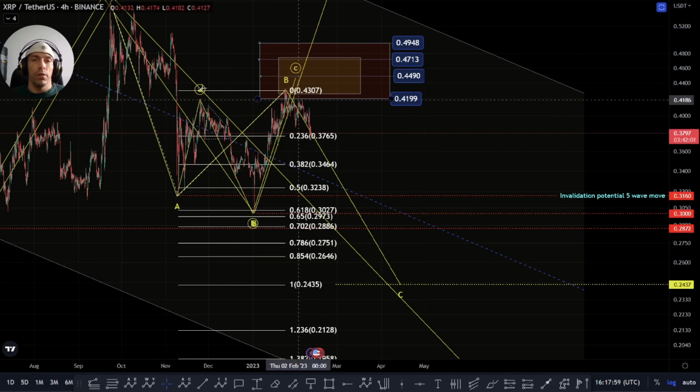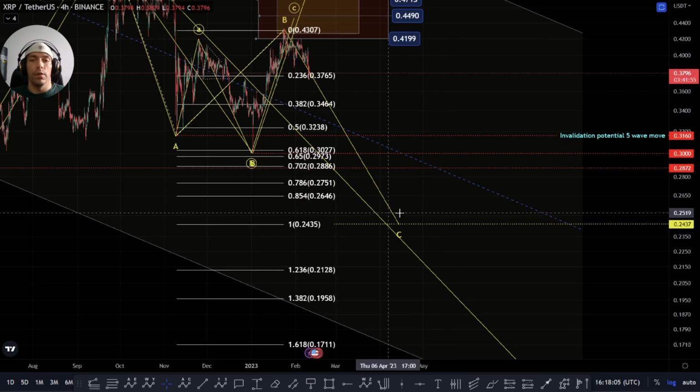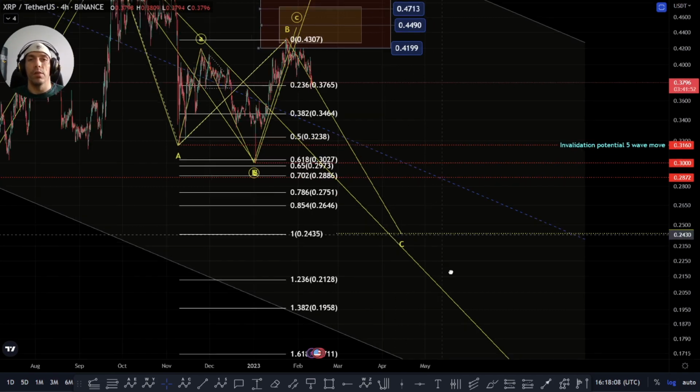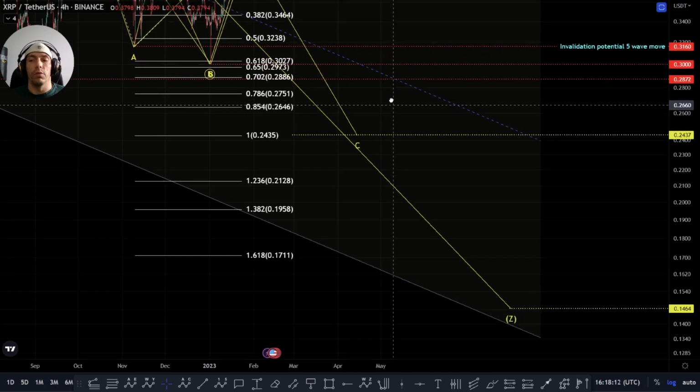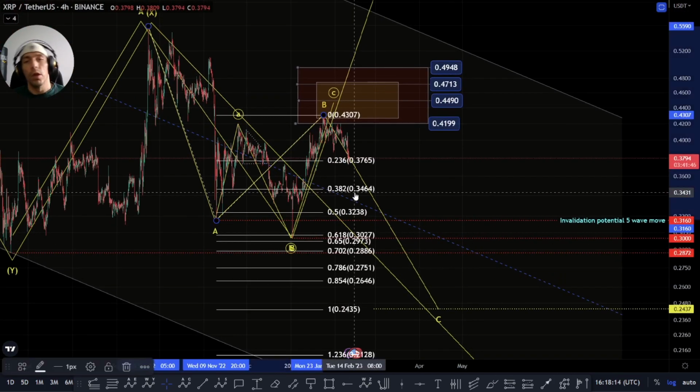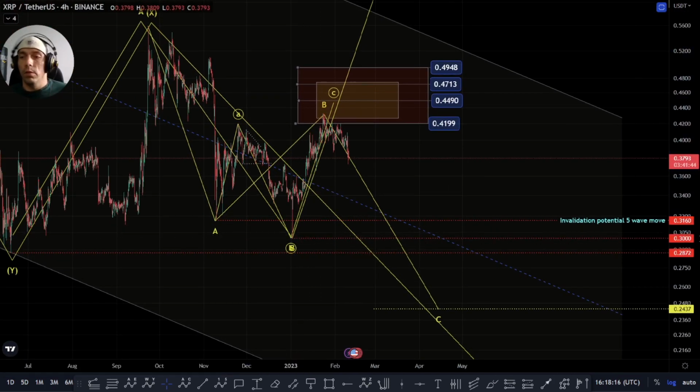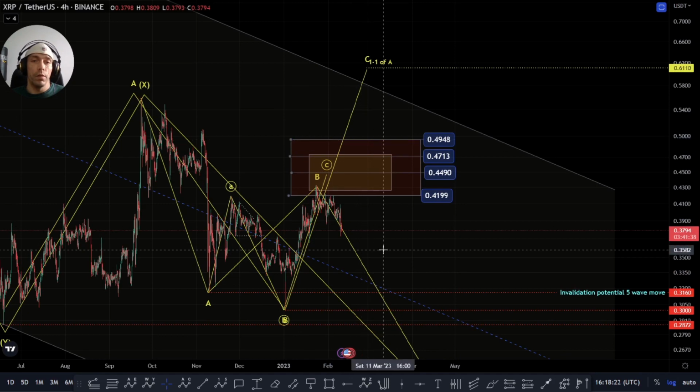So we need to just keep an eye on this and see how this plays out. Because if we do drop down from here, this Z wave could technically complete with the C wave, or alternatively, there could be some extension and we look to push much deeper down into the zone. So until, like I said, we actually lose this 30 cent range, we cannot get rid of any sort of bullish potential in this move.